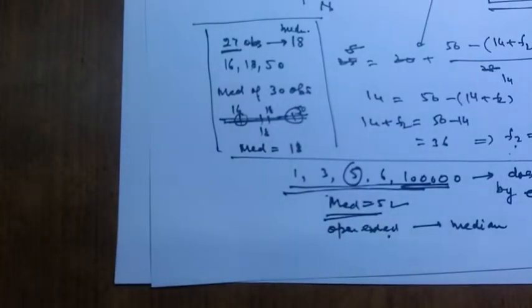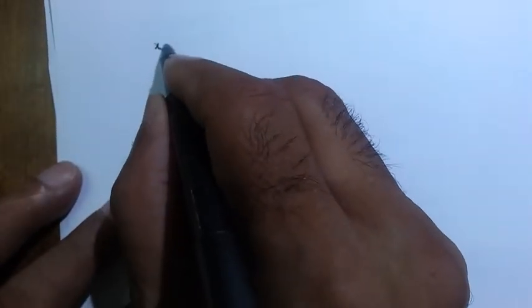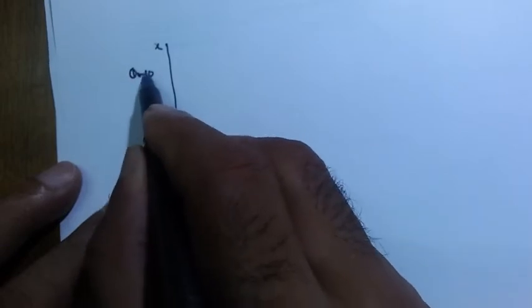When open-ended classes are given or when extremes are given, this will be used. Now I have another point: the median is used, as said earlier, in case there are open-ended questions.